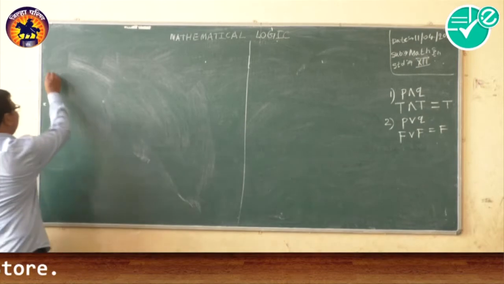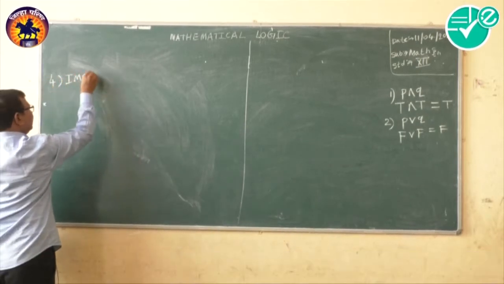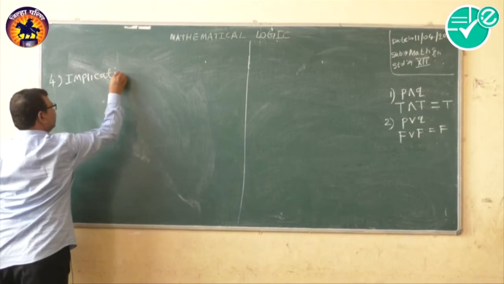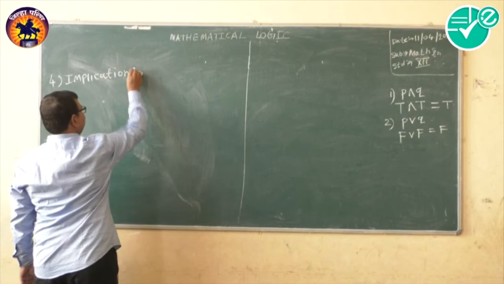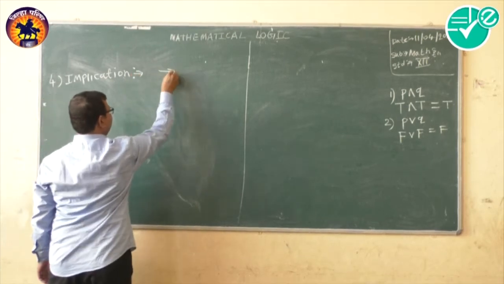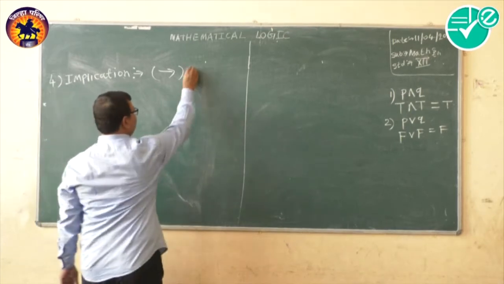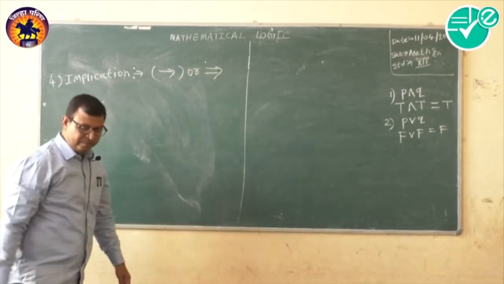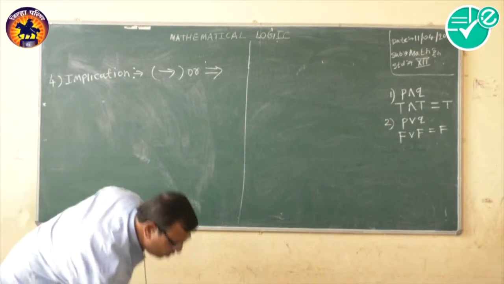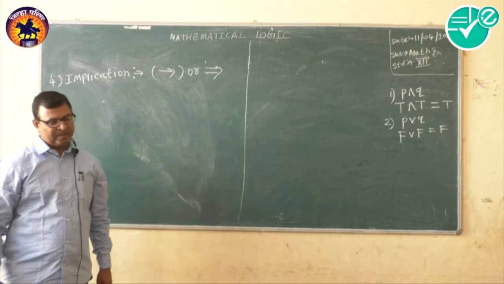Now we are going to see the fourth one, that is implication. The sign of implication is like this, or like this. Now see, how can you define implication?